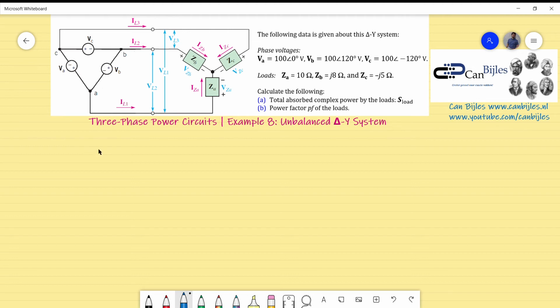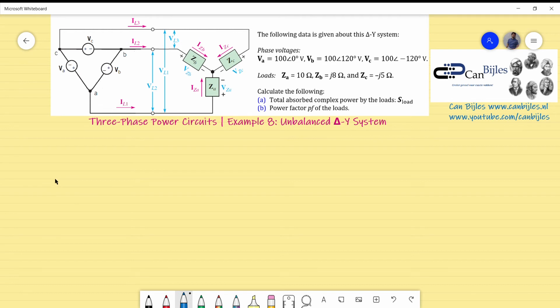I will make a mesh on the top one, and then a mesh on the bottom one. So I have two meshes. I will develop the mesh equations, and I will continue analyzing the mesh currents, and use them to develop the equations for the values, such that I can determine the complex power for the load.